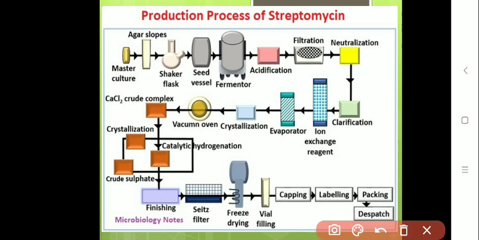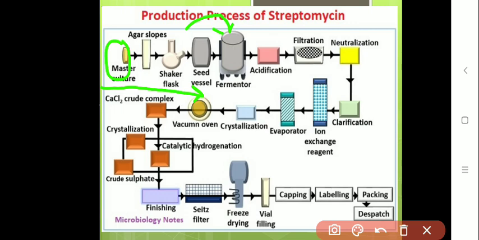Here you can see first the master culture, or the lyophilized culture of the Streptomyces. First we go for the inoculum development process, which includes the proper seed culture formation. Once the inoculum is developed, it is inoculated in the fermentation tank containing media.